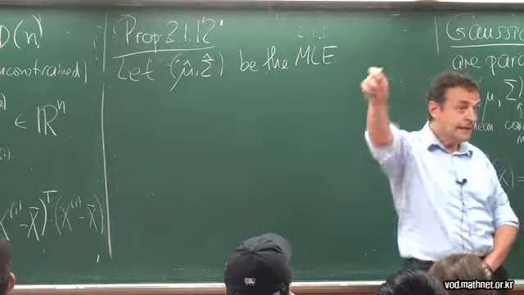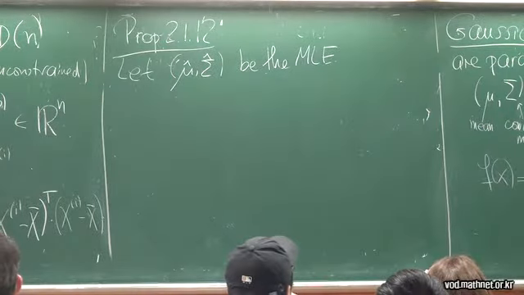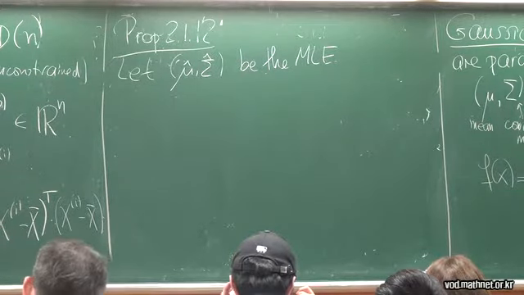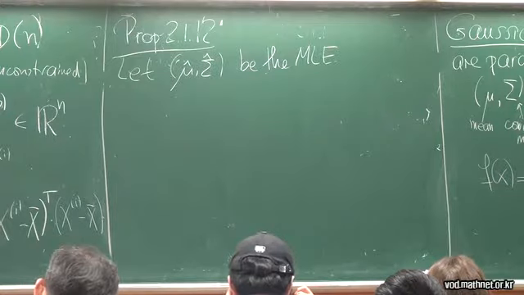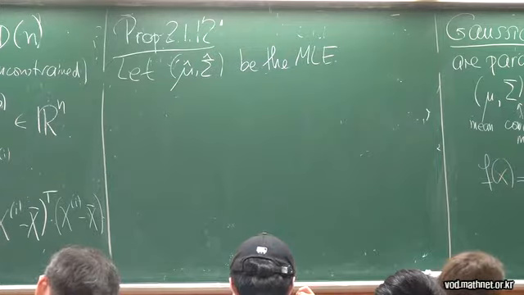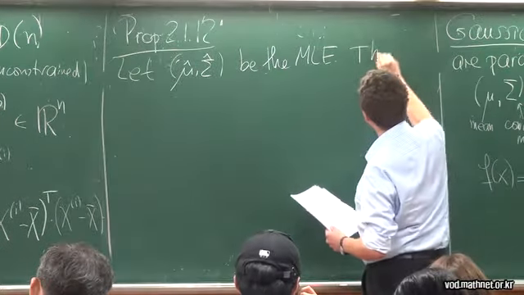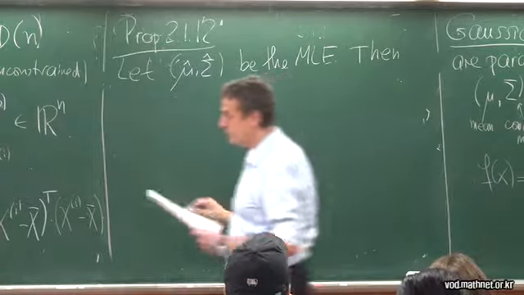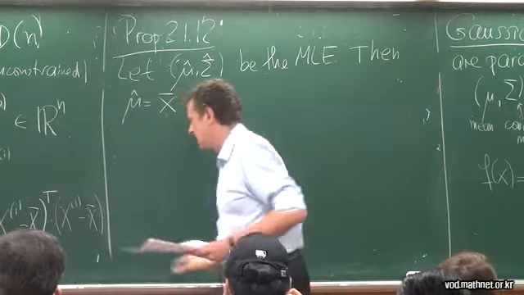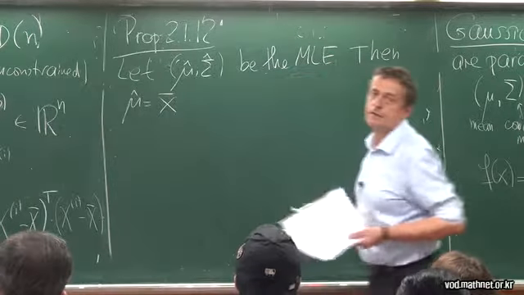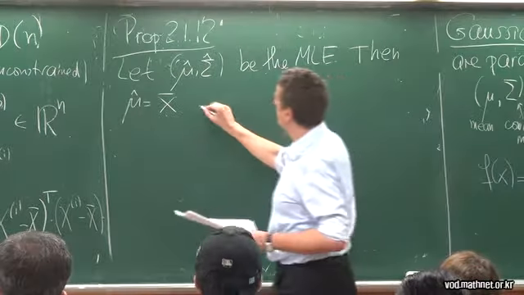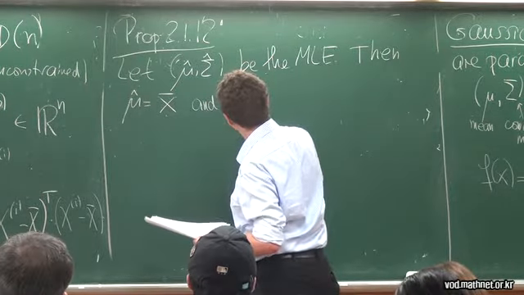In his set of covariance matrices, we want to pick the one that best explains the data, that maximizes the aforementioned mysterious likelihood function, and then that point mu hat, sigma hat can be calculated algebraically as follows. Mu hat is very simple. It's actually just the sample mean. Since we have no constraints, the sample mean maximizes as far as the mu is concerned. The interesting part is sigma hat.